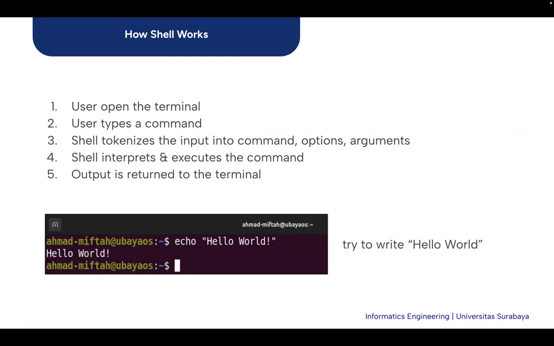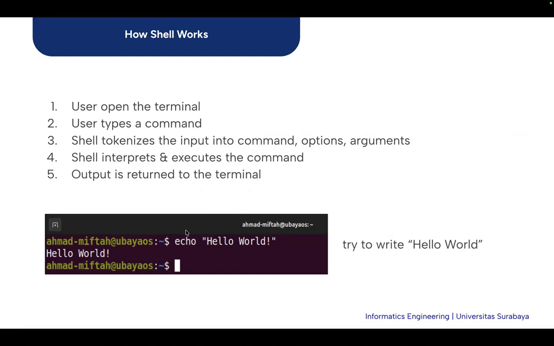Shell. So what is done by a shell? How does the shell work? The shell tokenizes the input into command, options, and arguments. So it is split into three main components. The first one is the command. For example, if you look at this picture in the PPT slide, the command is echo.